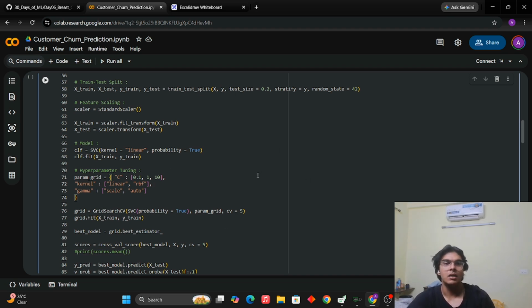Okay. And it is time to discuss these three very important hyperparameters. There can be more, but I've taken these three. I'll quickly discuss them.